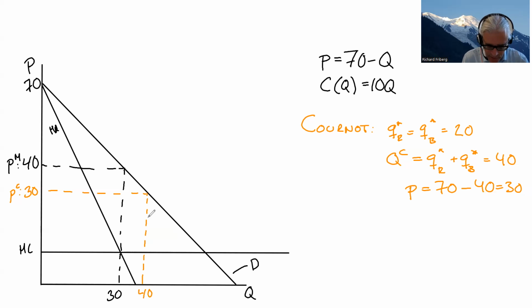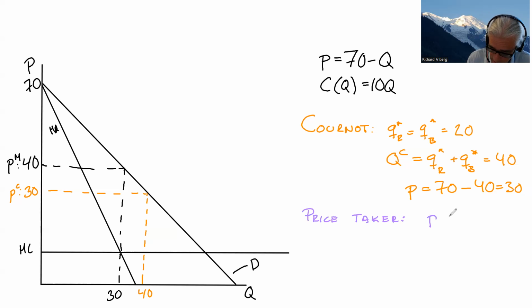There's still a deadweight loss though, so we could see what would happen if the firm acted as a price taker. We're not going to go to perfect competition here if we're thinking of just one firm, but we could say this is a firm that for some reason might be publicly owned and very well organized, so it wants to maximize social welfare. What would a price-taking firm do?